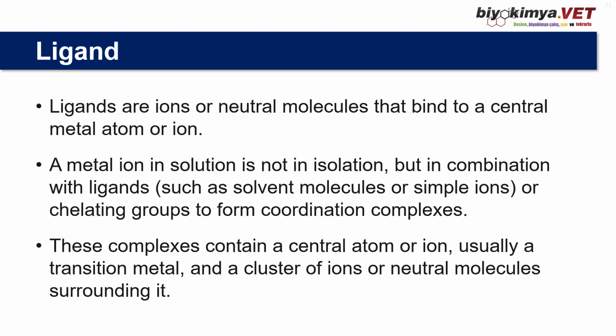Ligands can be anions, cations, or neutral molecules, and can also be characterized as single-toothed, which we call monodentate, two-toothed, bidentate, three-toothed, tridentate, four-toothed, tetradentate, multi-toothed, polydentate, etc., from the concept of teeth, which in Latin is dent.